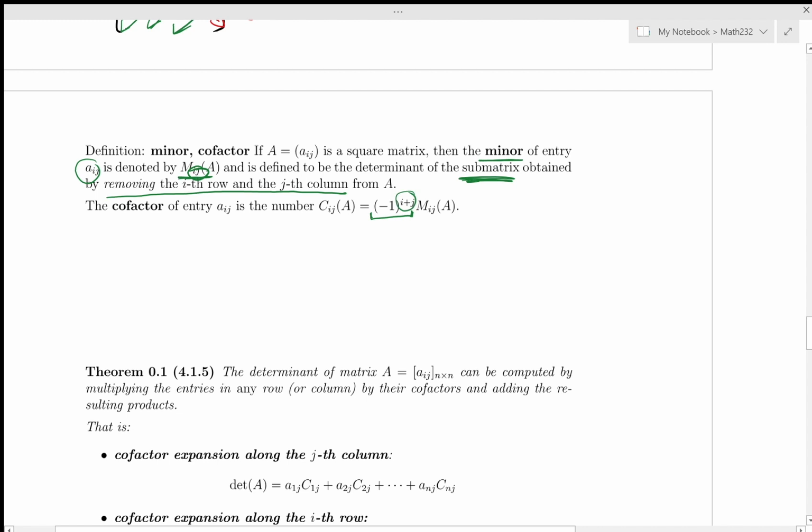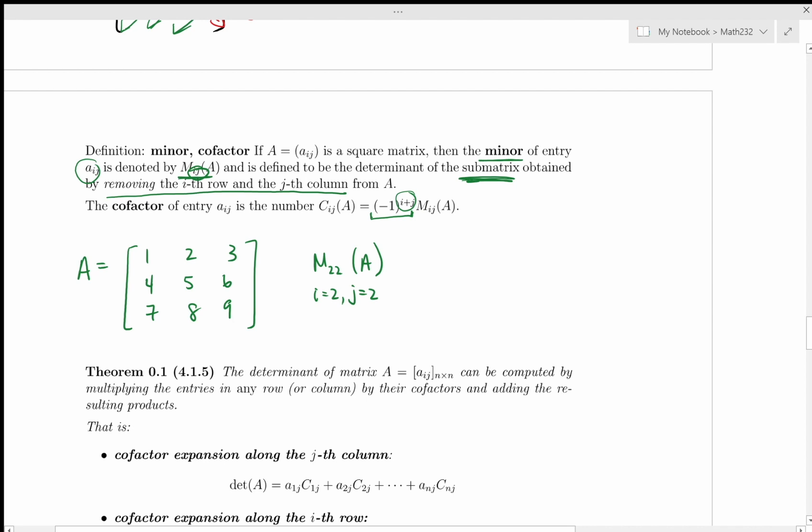Let's just take an example. Here's a matrix A, my favorite matrix. Let us attempt to calculate the 2,2 minor. In this case I have i equal to 2 and j equal to 2.